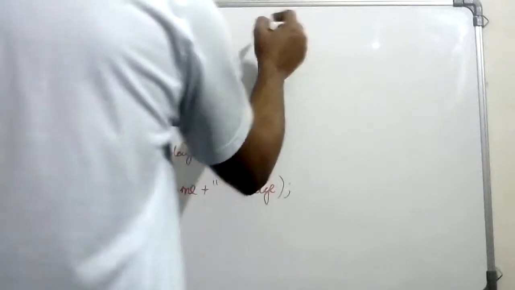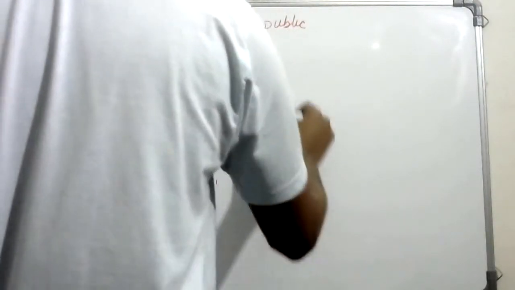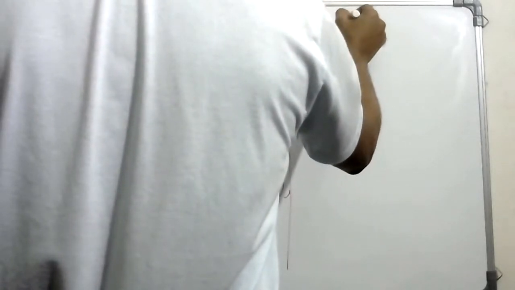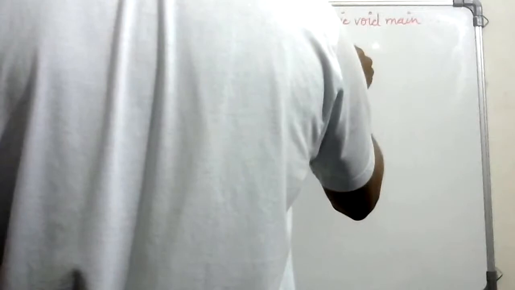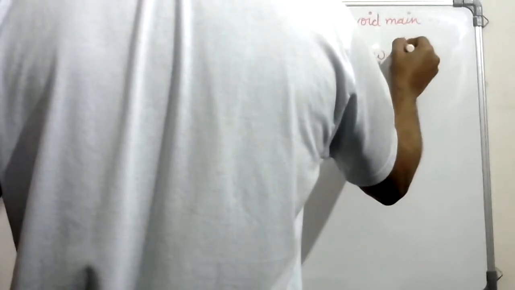Then I'll have the main method. I'm not writing the whole thing, you know how to write the main method. Inside the main method, I'll define an object. Here, as you can see, I'm calling my own default constructor.